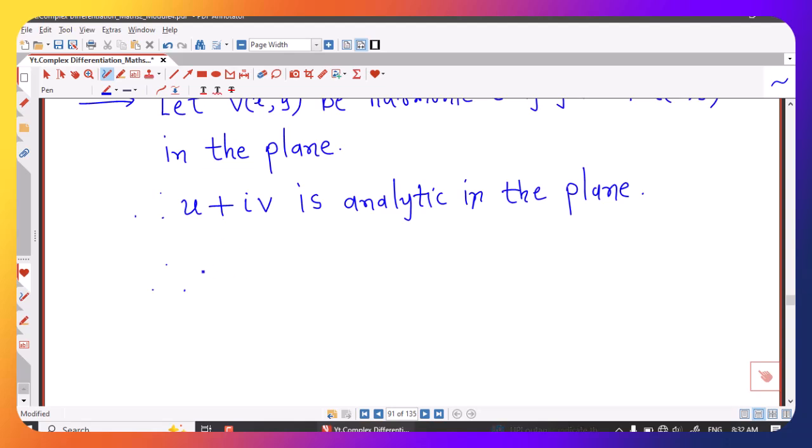Therefore u and v will satisfy Cauchy-Riemann equations del u by del x equal to del v by del y and del u by del y equal to minus del v by del x in the complex plane.